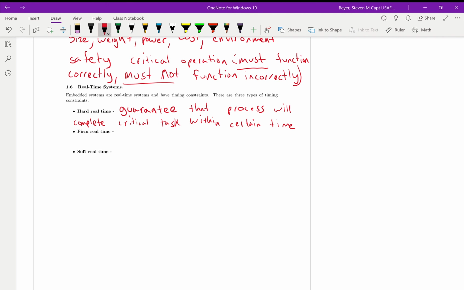And the consequences, so let's talk consequences of a hard real-time event not meeting that are catastrophic.